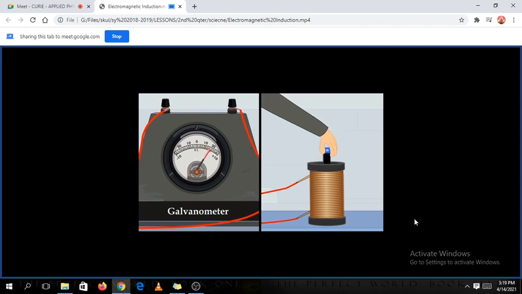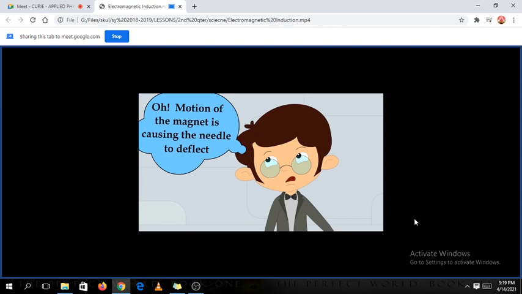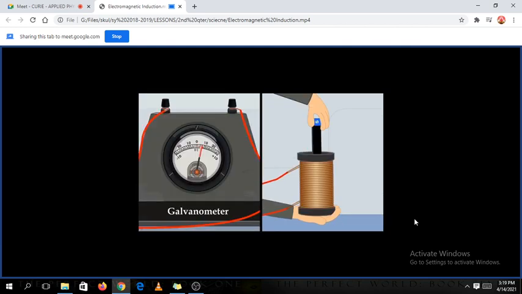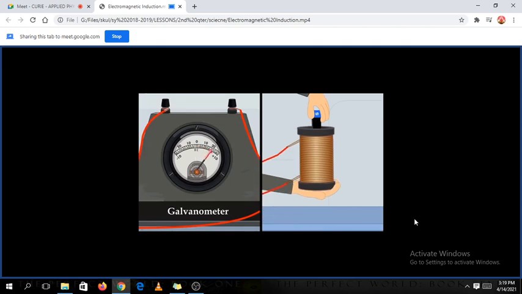A galvanometer determines the direction of the electric current. So you can see if the needle is deflected. So remember, there must be motion. If there's no motion, there's no deflection of the needle.